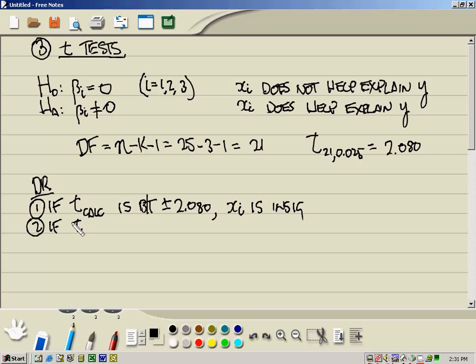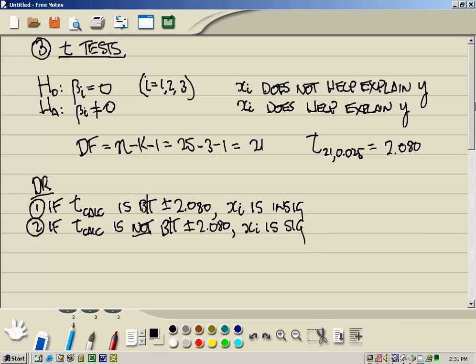Alternatively, if t-calc is not between plus and minus 2.080, the particular x variable, x sub i, is significant.